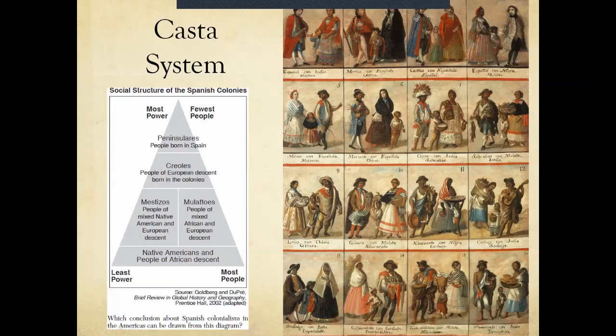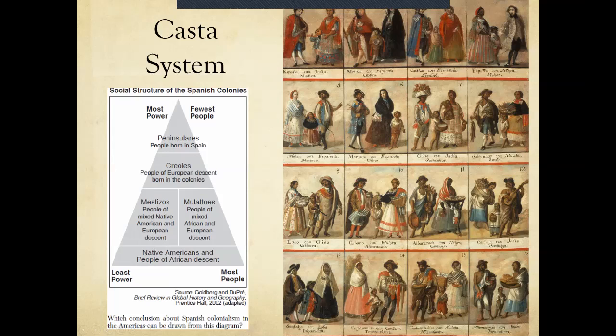If you were a person whose father was European and your mother was native, then you would be a mestizo. All right. Then we've got people who are Creoles. These are people who are European, but they're born in the colonies. So they're above these people who are mixed race, but they are below people who are directly from Europe, right?